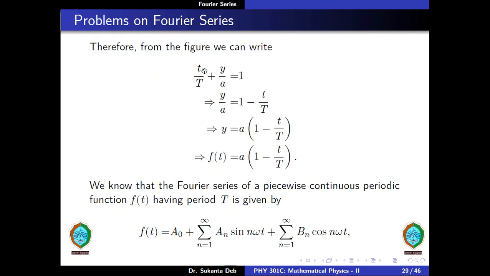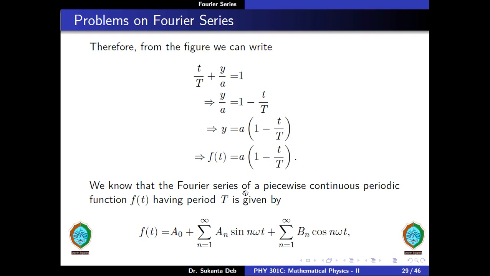So we get t by capital T plus y by a is equal to 1. From that we find y is equal to a into 1 minus t by capital T, and since y is nothing but the function f of t, f of t is equal to a into 1 minus t by capital T.